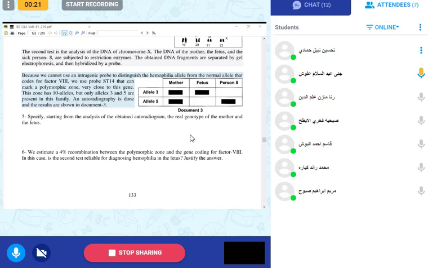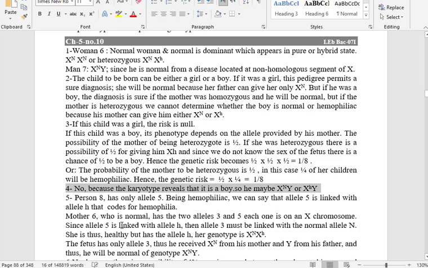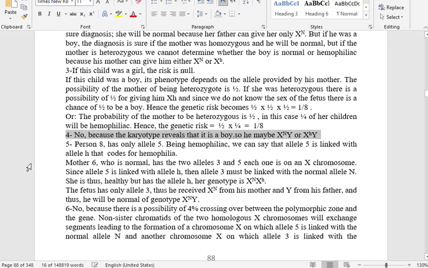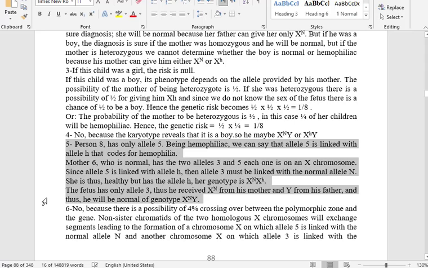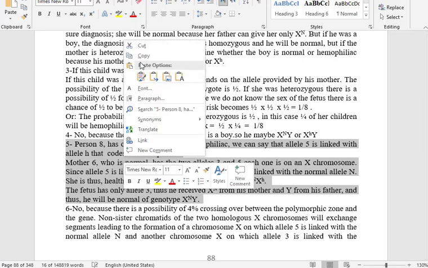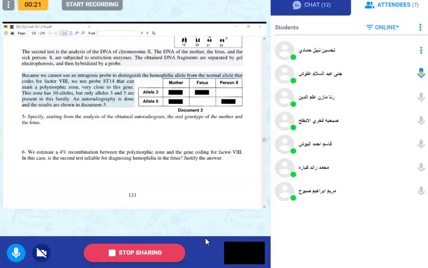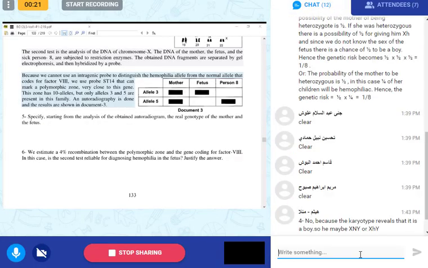And the fetus has only the allele 3, so the fetus is a normal boy. So the genotype of person 8 is XHY, the mother is XNXH, and the fetus will be XNY. Okay.